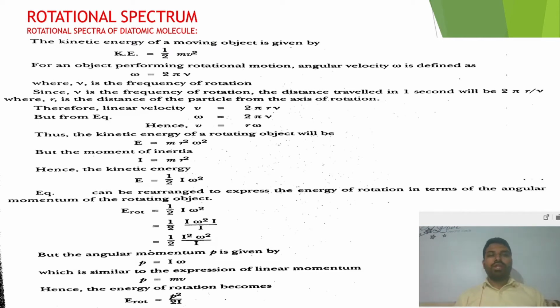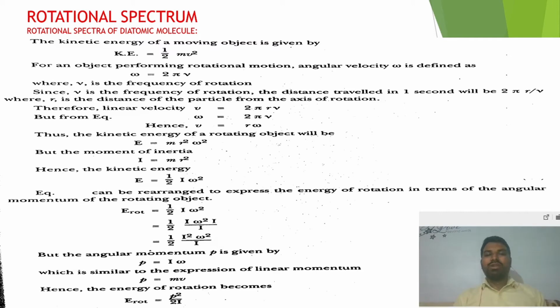Okay. For an object performing rotational motion, angular velocity omega is defined as omega is equals to 2 pi nu, where nu is the frequency of rotation. Since nu is the frequency of rotation, the distance traveled in 1 second will be 2 pi r nu, where r is the distance of particle from the axis of rotation.